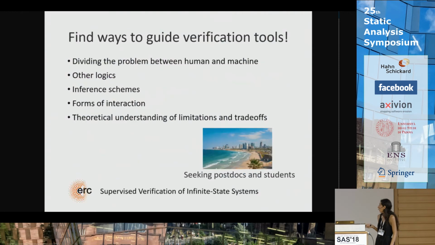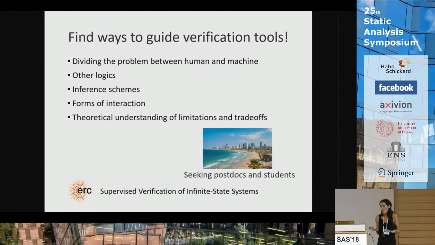The point is that we would like our procedure to be as automatic as we can in order to relieve the burden from the user, but we cannot count on fully automatic techniques. So we need to find a way to interact with these automatic tools and understand how to divide the problem between the human and the machine.